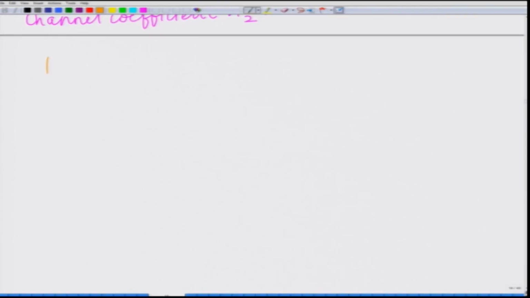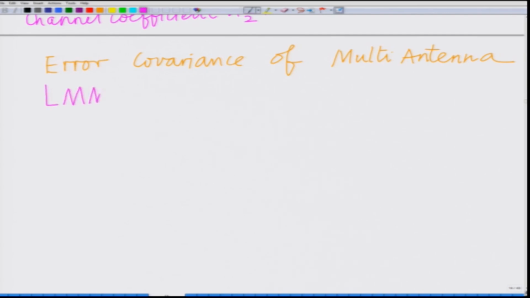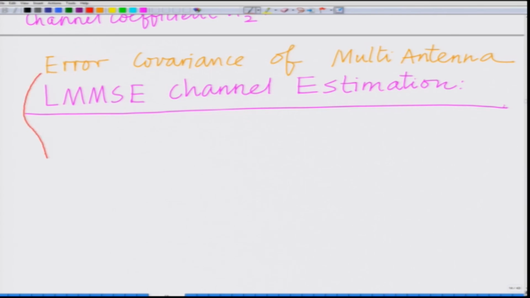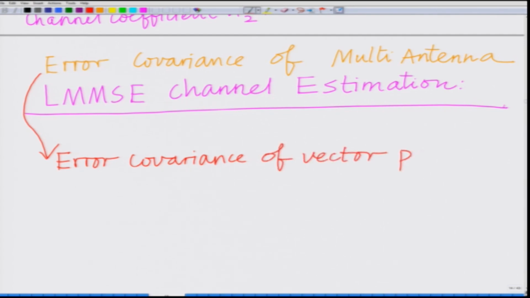So in this module we are going to derive the error covariance of multi-antenna LMMSE channel estimation, or you can also think of this as the error covariance for vector parameter estimation.